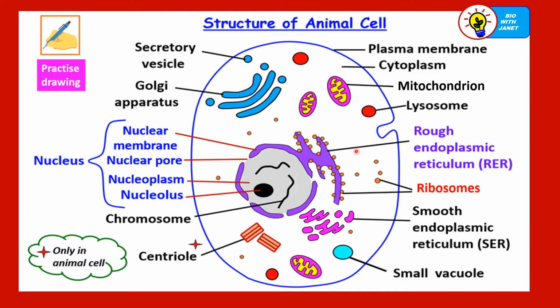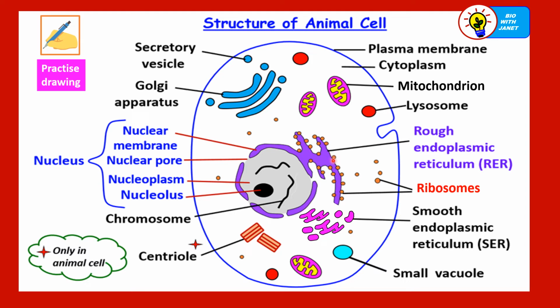Then next we have the rough endoplasmic reticulum, which is continuous with the nuclear membrane. And the rough endoplasmic reticulum has small particles called ribosomes on it, okay. So the function of the rough endoplasmic reticulum is that it transports proteins synthesized by these ribosomes, the orange particles here, all right?